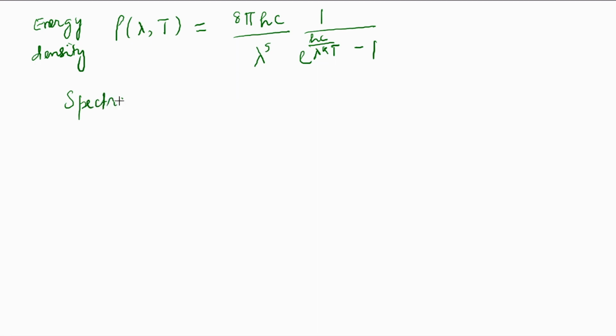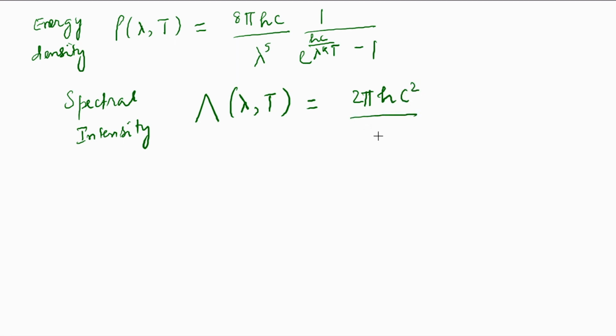There is another quantity which is related to this, that is called spectral intensity, which we denote by a symbol capital lambda, which is a function of the wavelength small lambda and the temperature T, equal to 2 pi h c squared over lambda power 5 times 1 over exponential h c over lambda kT minus 1.